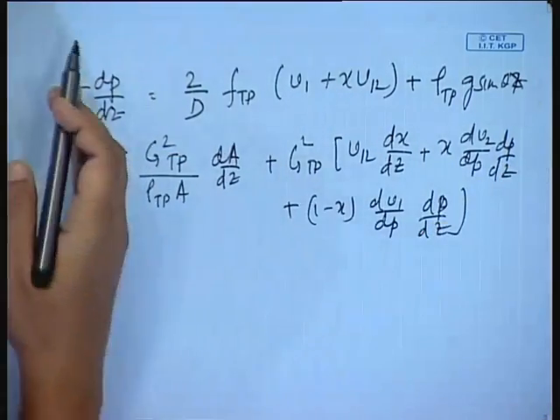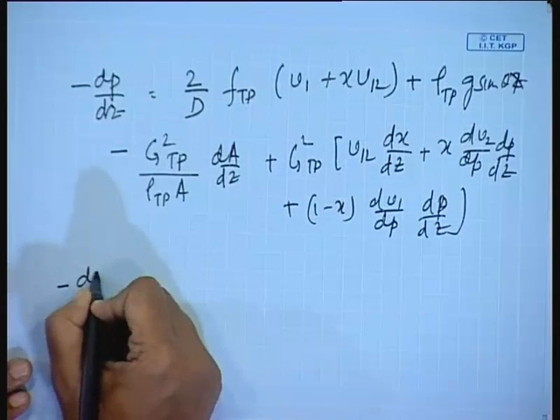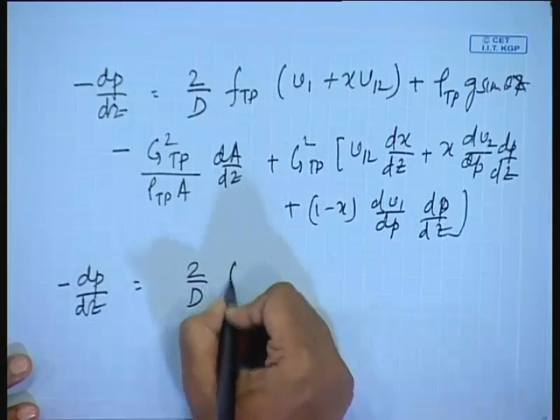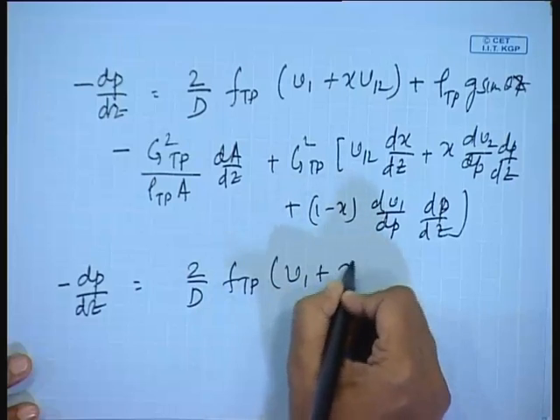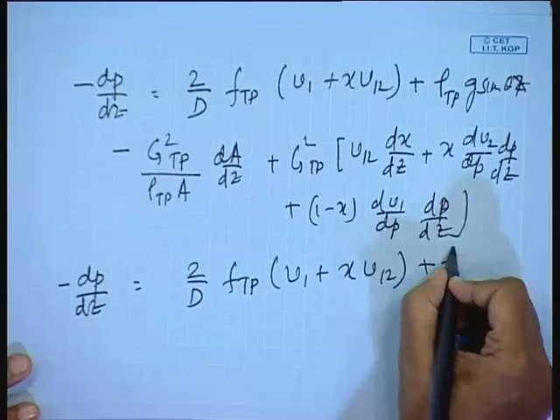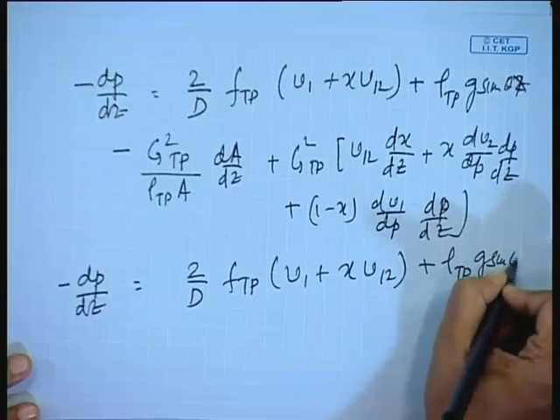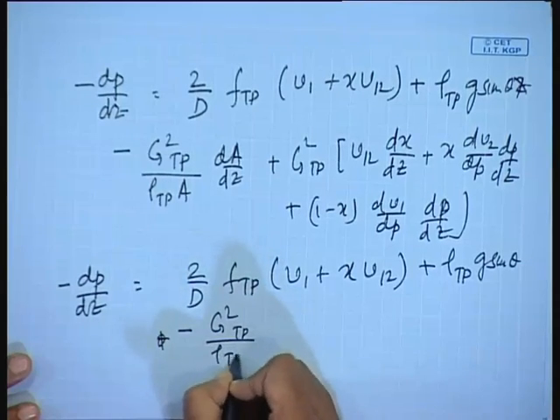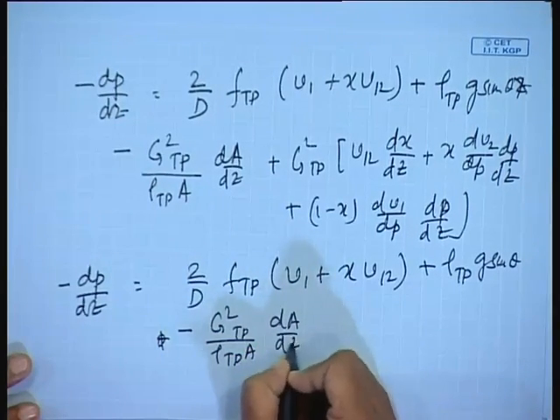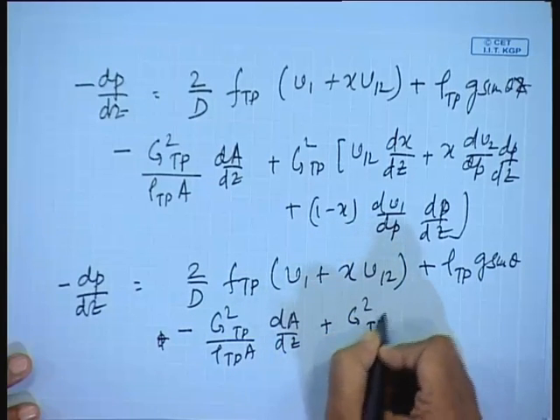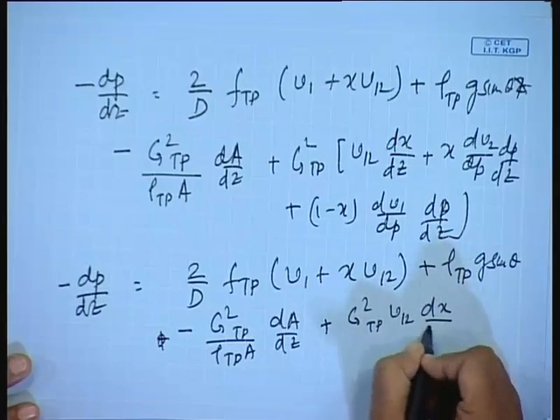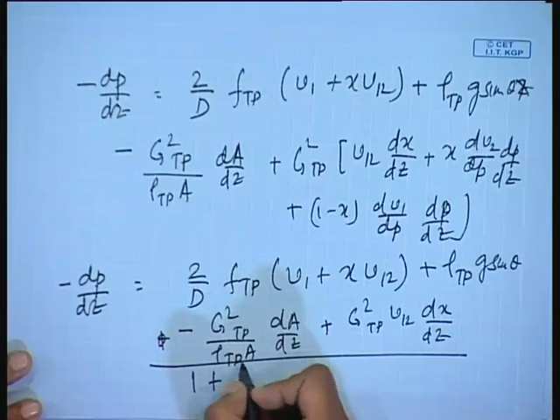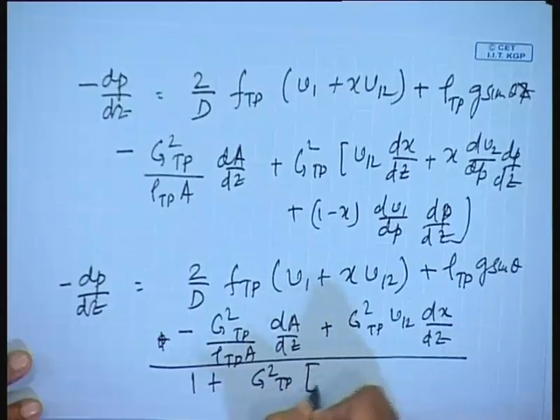Now, let us take all the pressure gradient expressions to the left hand side. Under that circumstance, what do we get? We get an expression as this, and this divided by, because everything has been taken to the left hand side, g square 2 phase.